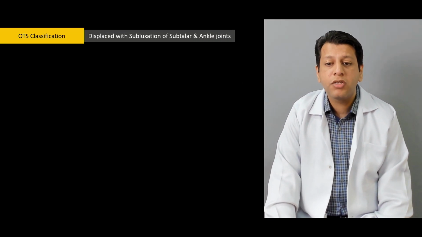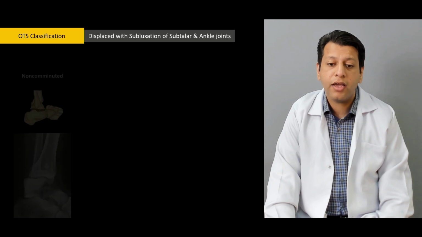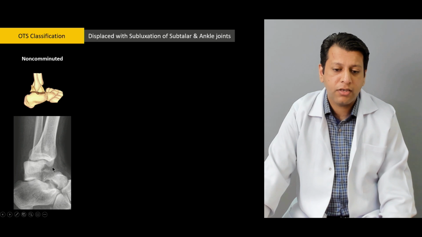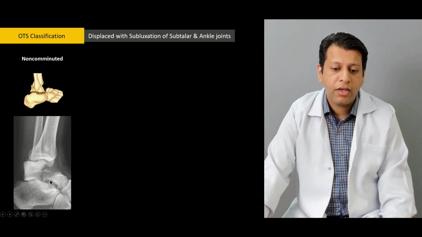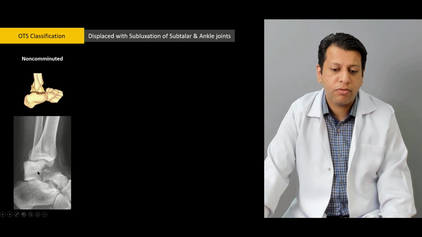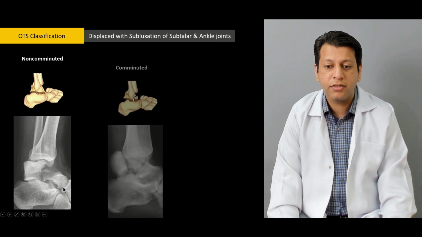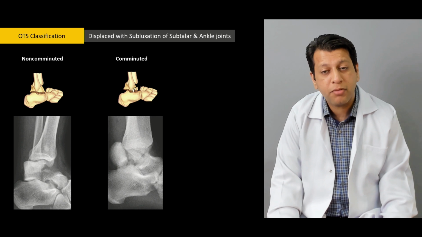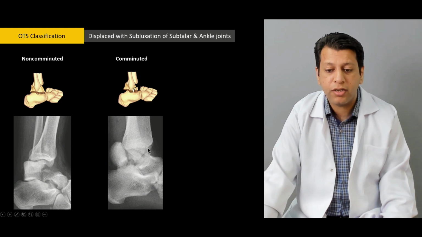Then comes the displaced fracture with subluxation of the subtalar and ankle joints. Now if you see this fracture line, there is a fracture of the neck of the talus extending to the subtalar joint as well as the ankle joint, although the talonavicular joint is very much intact. This may be a comminuted fracture involving both the ankle as well as the subtalar joint, as you can appreciate over here.